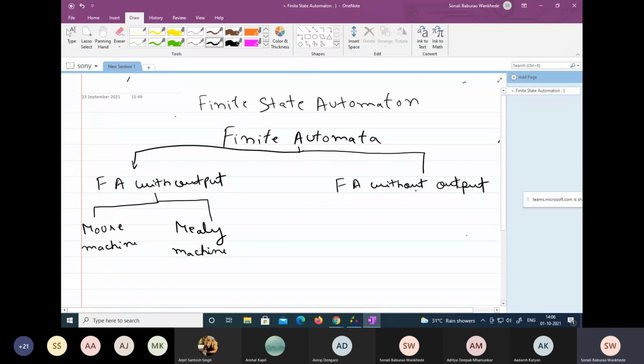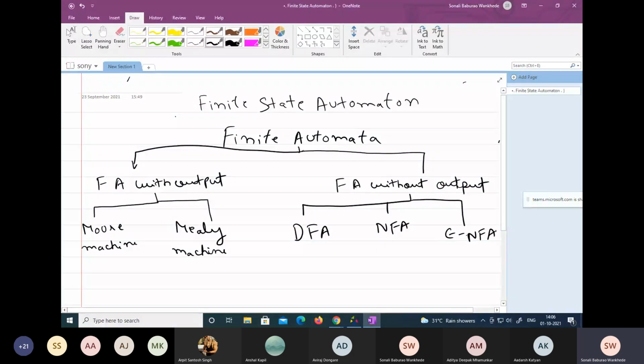Finite automata without output are DFA, NFA, and epsilon NFA, that is minimized NFA. You have to remember this picture and this classification.